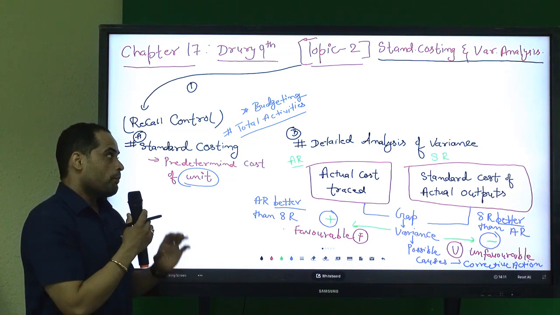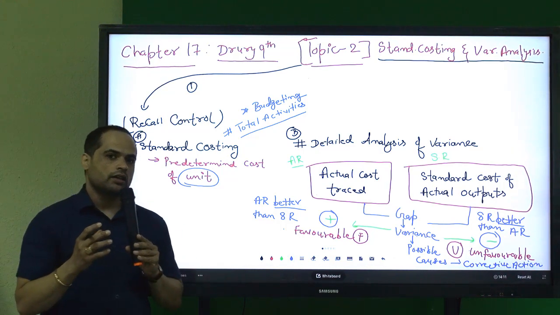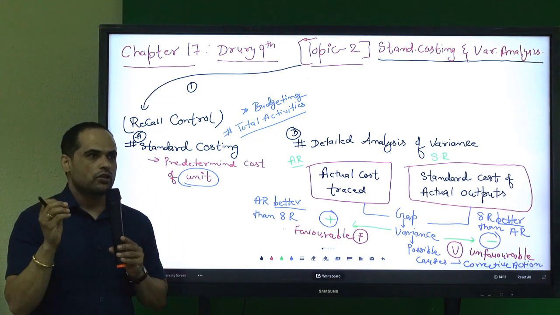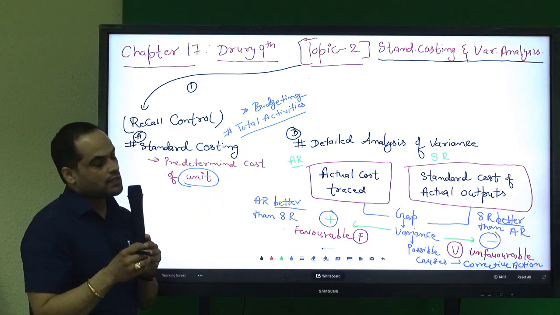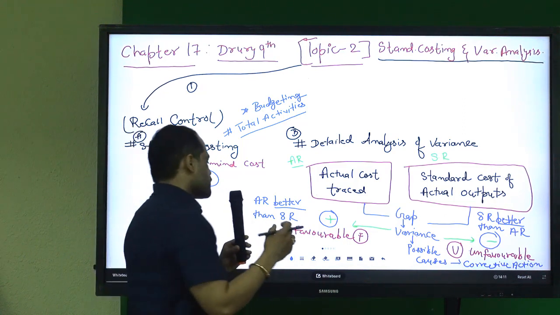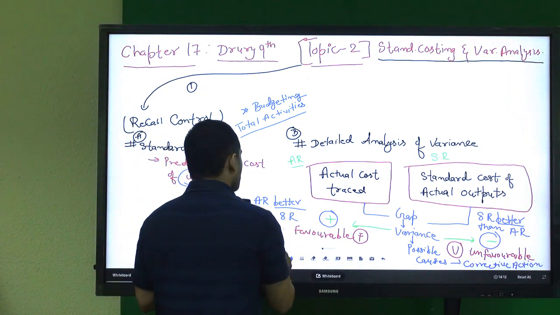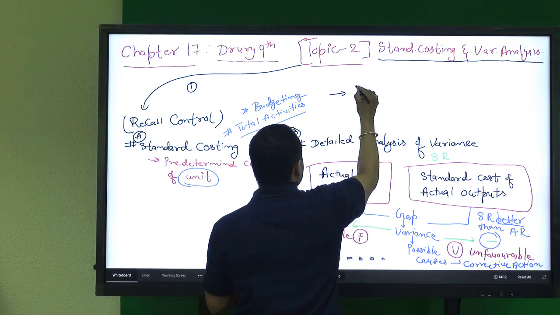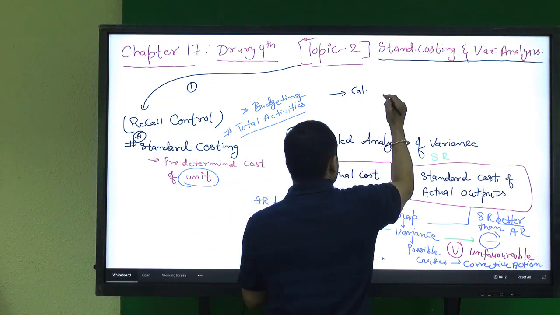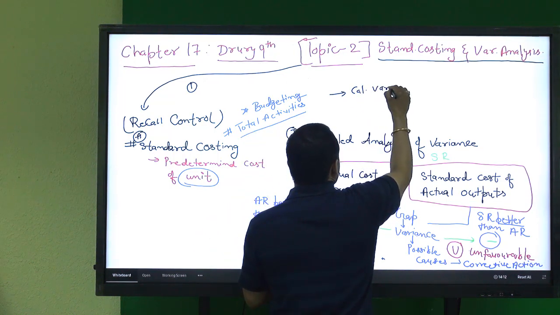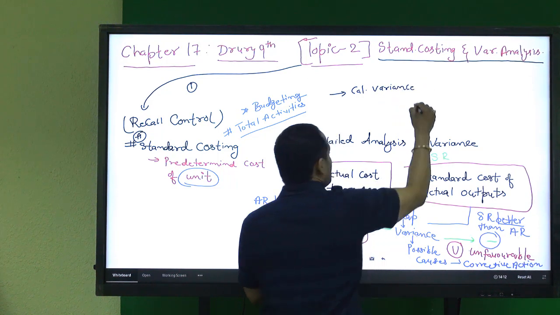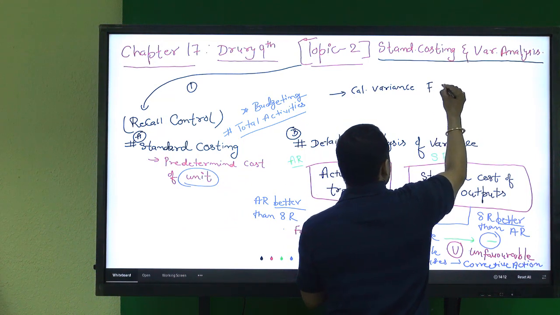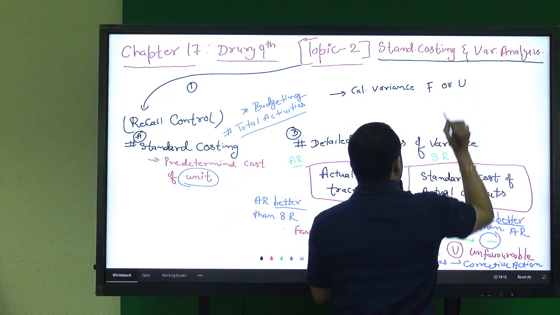Point B also gives the complete overview of this topic. So let me summarize point B. We are going to do three things in point B. First, we calculate the variance and report whether the result is favorable or unfavorable.